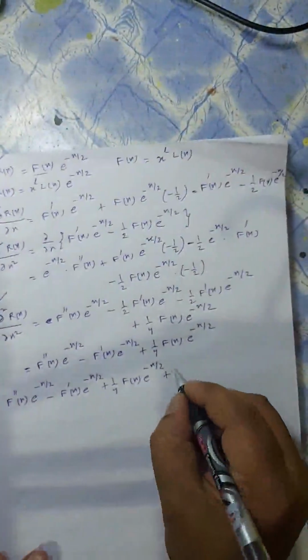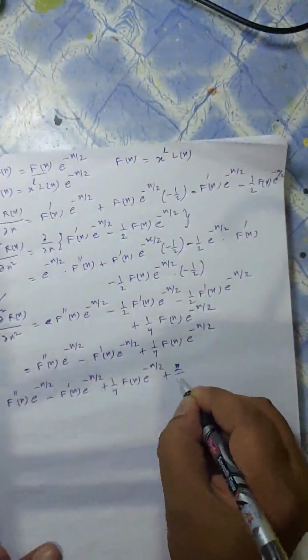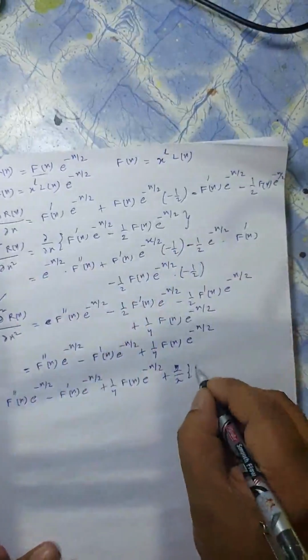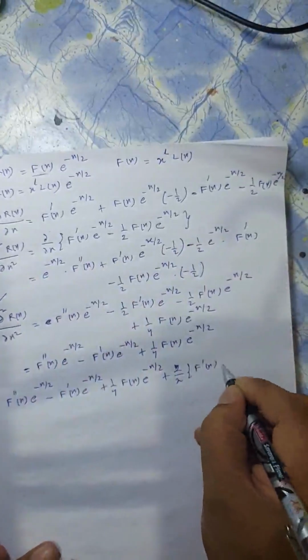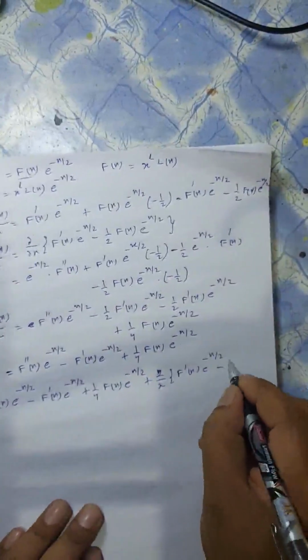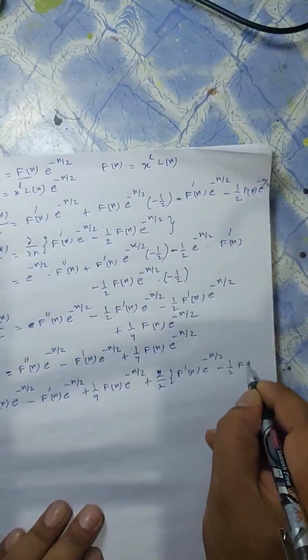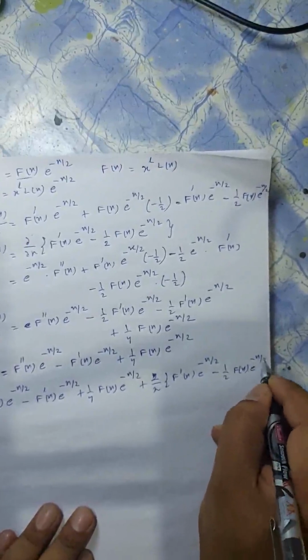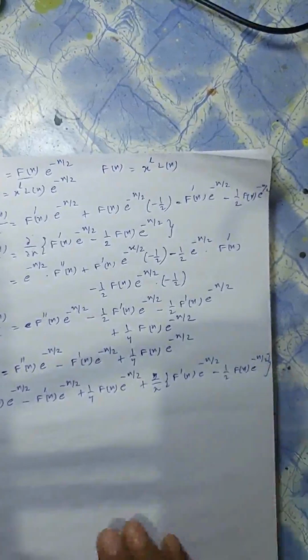Then what is remaining? 2 by x d by dx plus 2 by x. Then we have to put this value, F'(x) e to the power minus x by 2 minus half F(x) e to the power minus x by 2, in the bracket with 2 by x. Then what is remaining?